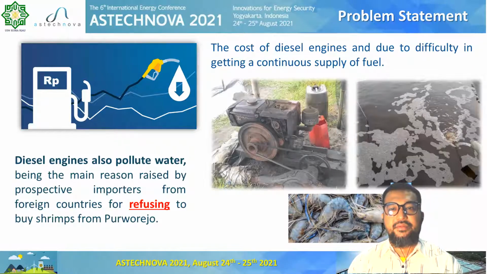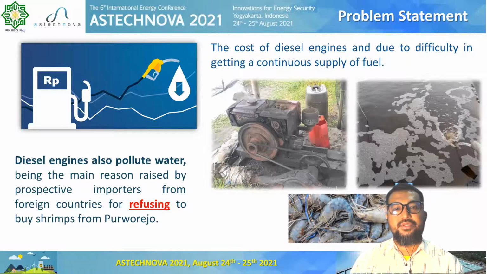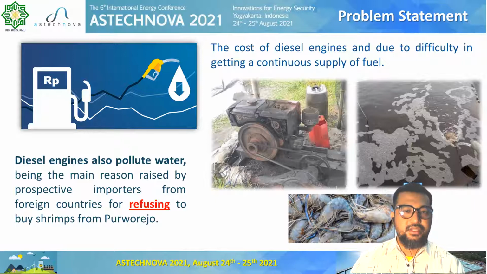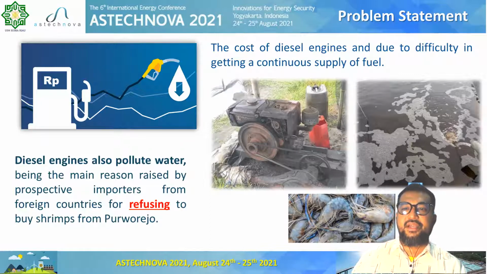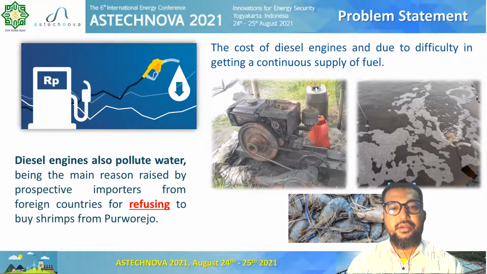Besides the relatively high cost of fuel, the problem is that sometimes fuel is not available. Although there's already a special quota provided for shrimp farmers, the amount is not enough. There is also the cost of the diesel engine and the difficulty in getting a continuous supply of fuel.